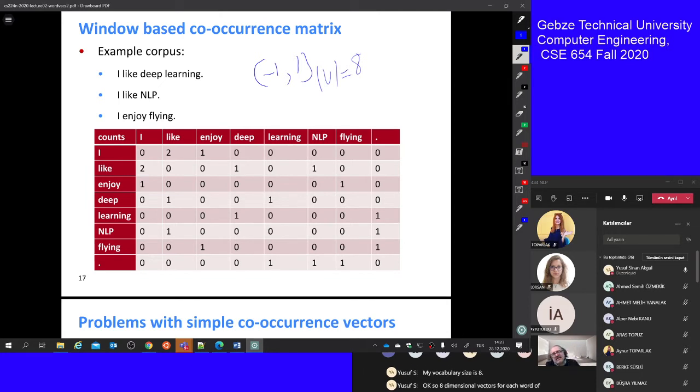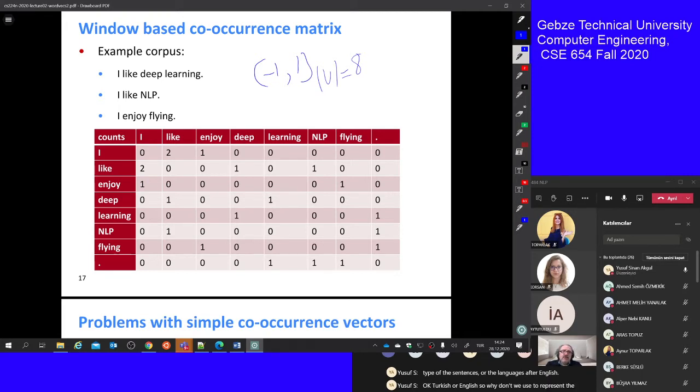Of course, since this is a toy example, my vector sizes are very small. But in a real corpora, my vector sizes will be 40,000 or 400,000, depending on the type of the corpora, the type of the sentences, or the language itself, Turkish or English.